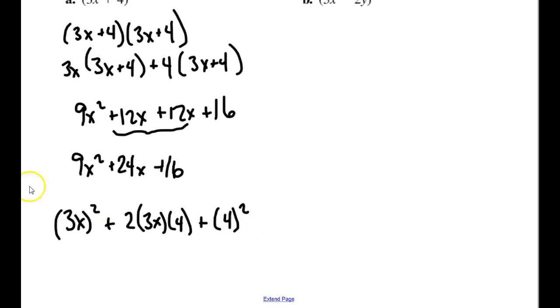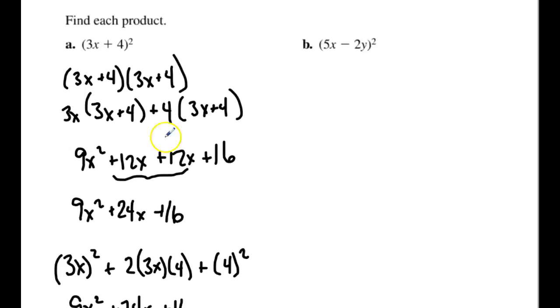So 3x squared is 9x squared. 2 times 3x times 4: 4 times 3 is 12, times 2 is 24x. And 4 squared is 16. You see I get the same answer both ways, but this way just saves some time.